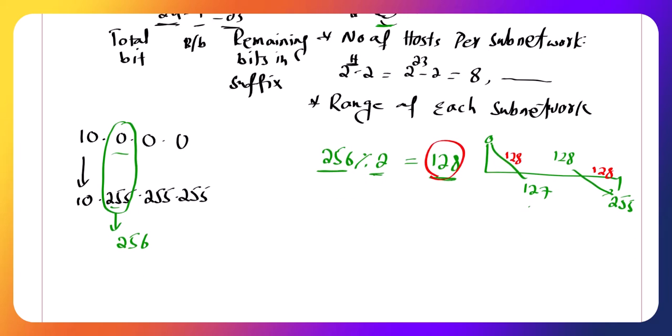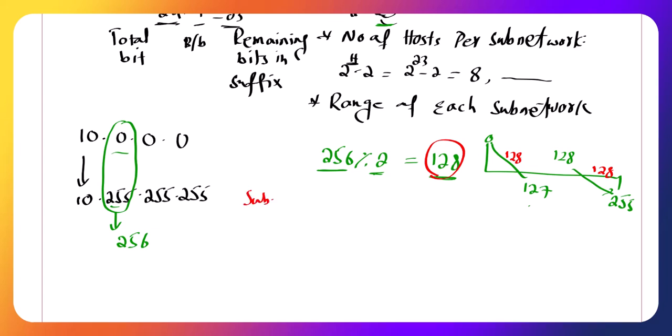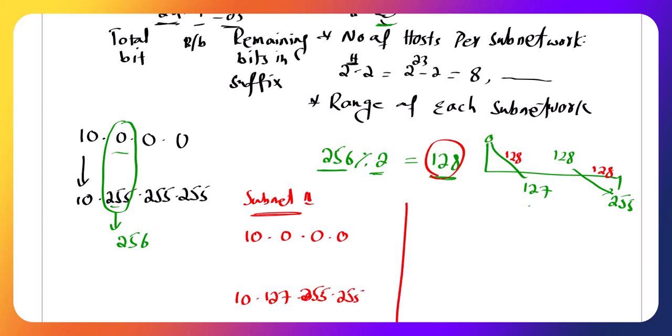Now, for example, I'm going to name the subnetworks subnetwork 1 and subnetwork 2. Subnet 1 is 10.0.0.0 up to 10.127.255.255. Subnetwork 2 is 10.128.0.0.